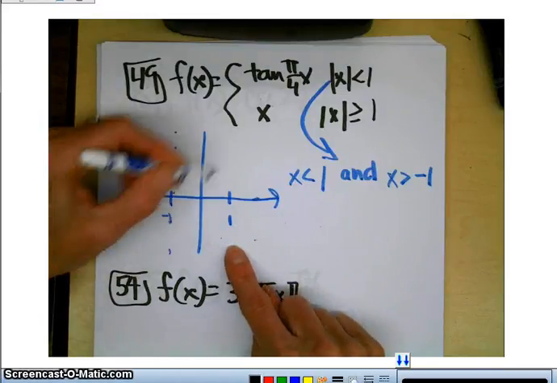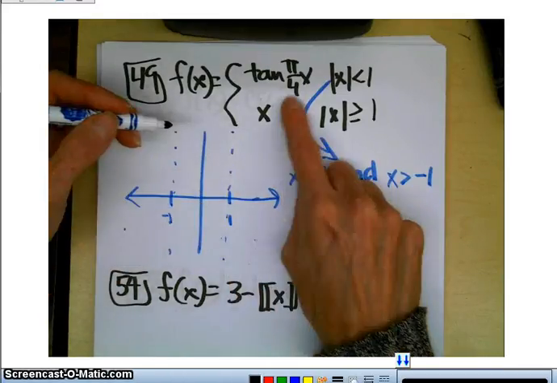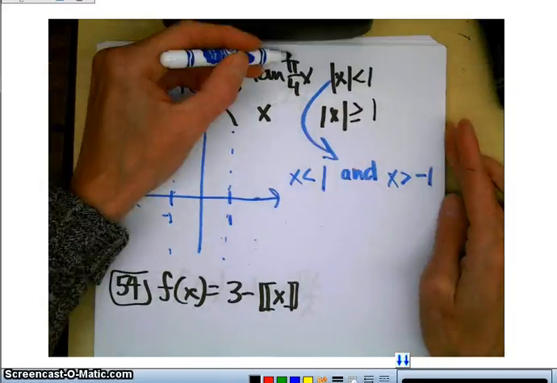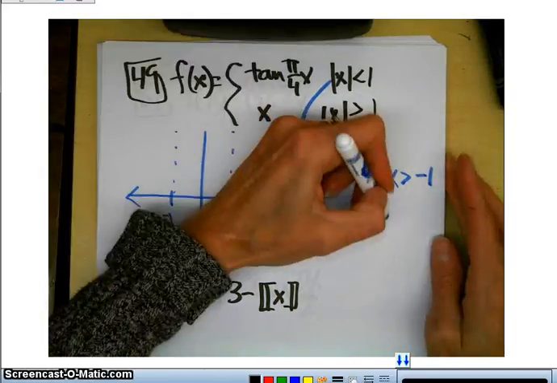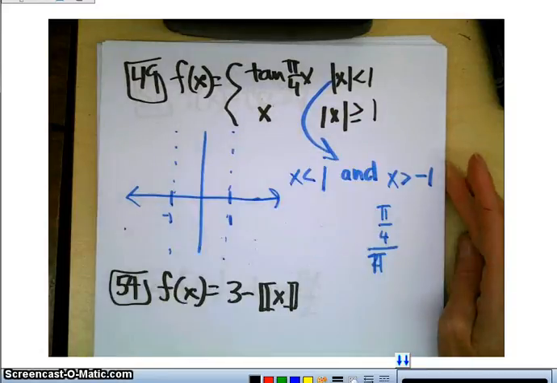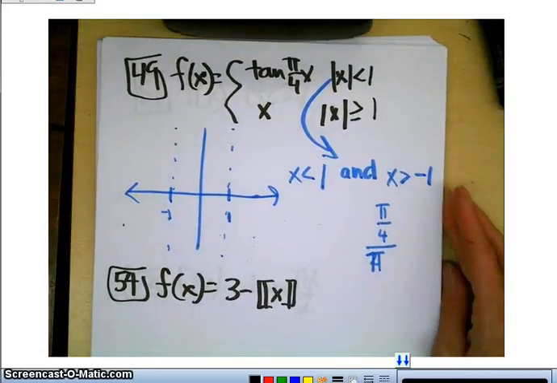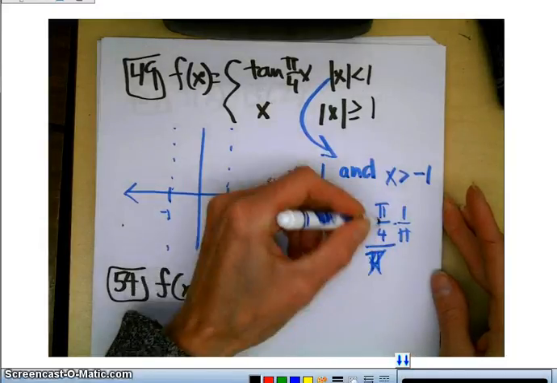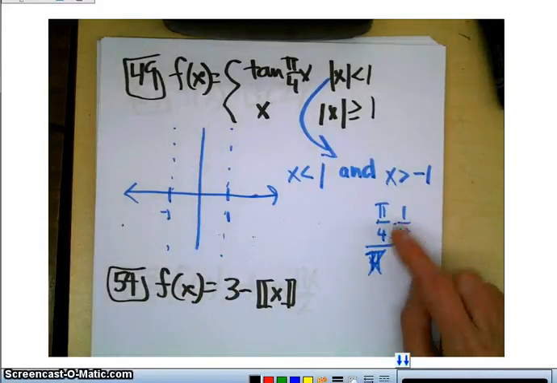Now the period length of tangent of pi over 4x: you take the number in front of the x, pi over 4, and divide it by 2 pi. Actually just pi in the case of tangent, because the period length of tangent is pi. If I multiply by 1 over pi, the period length of this is 1/4.